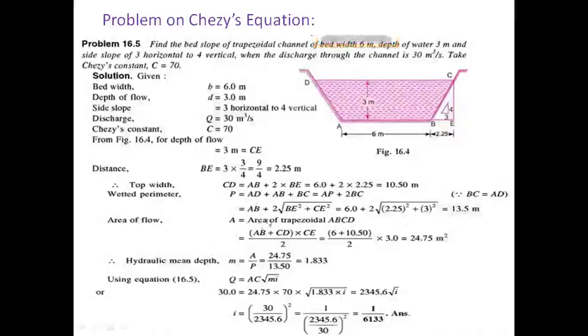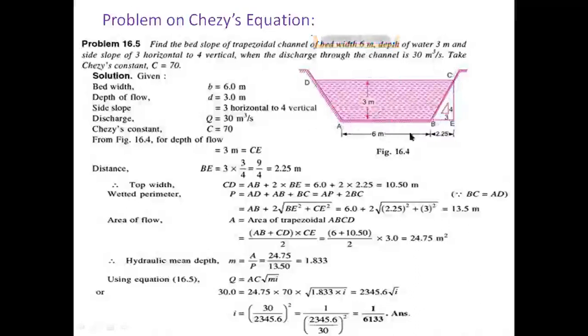Now find out the area of the flow, the area of the trapezoidal channel ABCD. The formula for the area of the trapezoidal channel is AB plus CD into CE by 2.